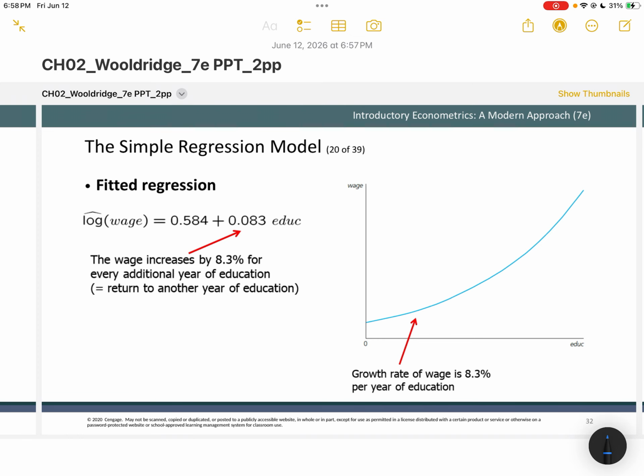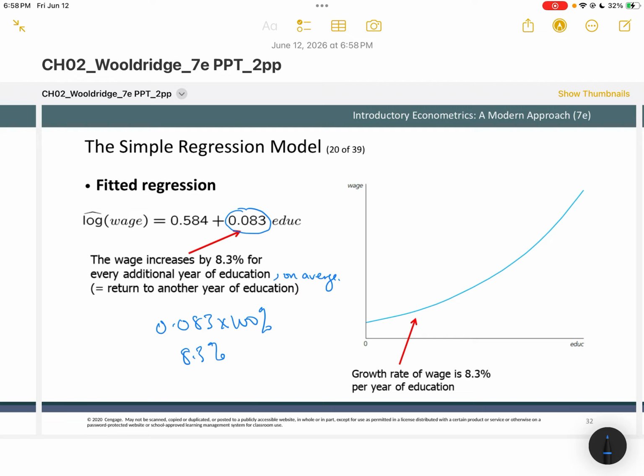And here's an example. How do I interpret this 0.083? Well, for every additional year of schooling, wages increase by, what is 0.083 times 100? That's 8.3%. For every additional year of schooling, wages increase by 8.3% on average, right?